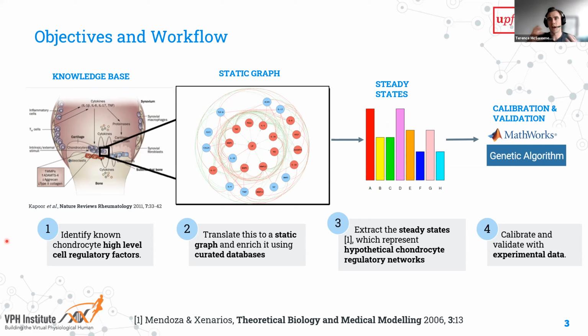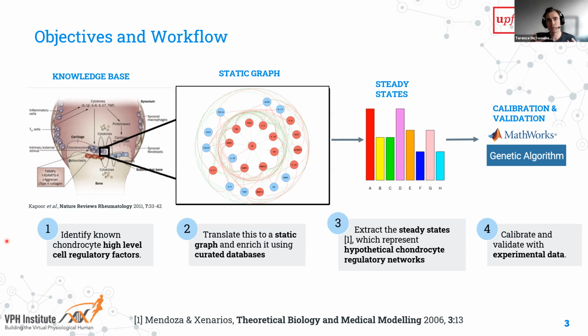Essentially, this is a knowledge-based or qualitative input into the model. That gets put together into a static graph of connected nodes with edges, which can be activating or inhibiting.